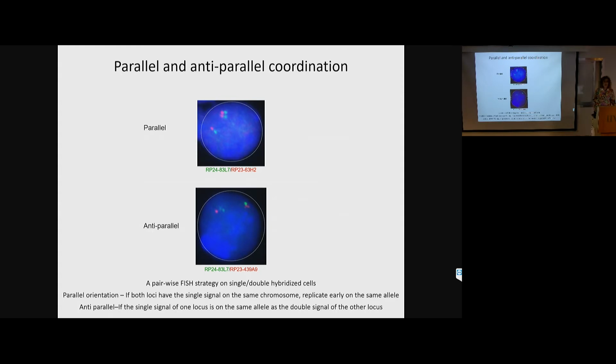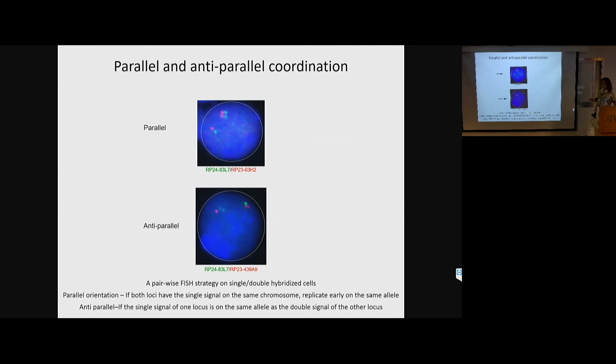So what do I call parallel coordination? Parallel coordination is when we take 2 probes, one red and one green, and we do a FISH, and you can see that the double dot of the red is next to the double dot of the green, and the singles are together. This is one chromosome, this is the other chromosome, so they are in a parallel orientation.